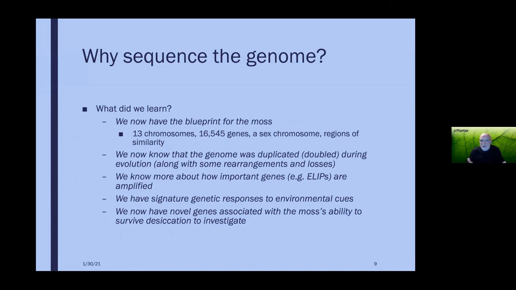We know the genome was duplicated at some time during history. We know more about important genes that are amplified within the genome. We have signature genetic responses to environmental cues. And now we have novel genes that we can start to investigate for their role in the ability to survive desiccation.